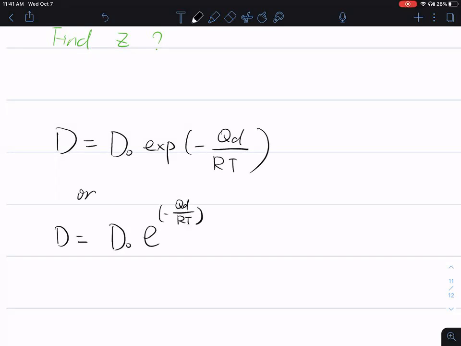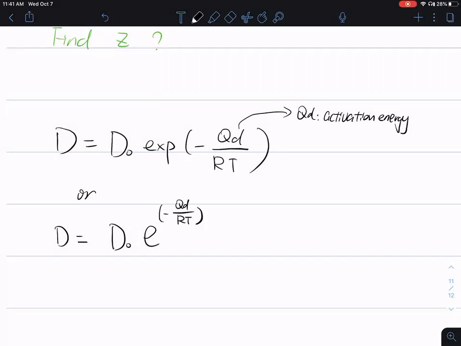Either way. Here, QD, have you seen QD before? QD is very familiar. Where do we learn QD? QD here is called activation energy. Where did we learn activation energy?